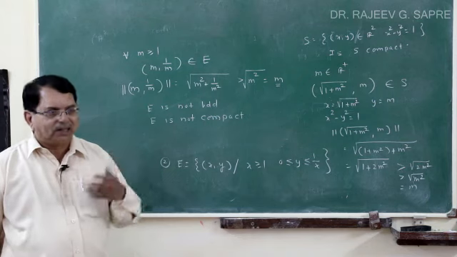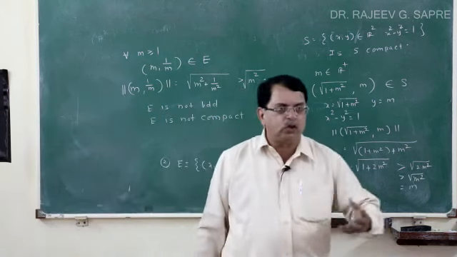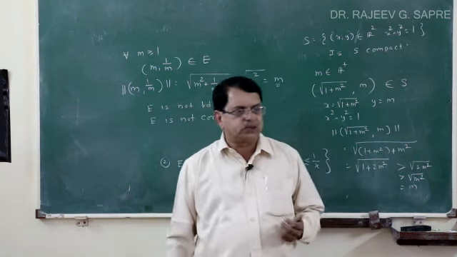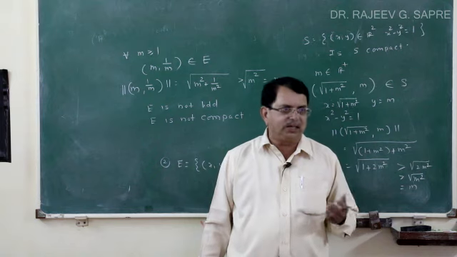So analysis contains lots of results, and whenever you change the domain, the behavior of the function also changes, and so there are a lot of fantastic results that we can discuss in future.